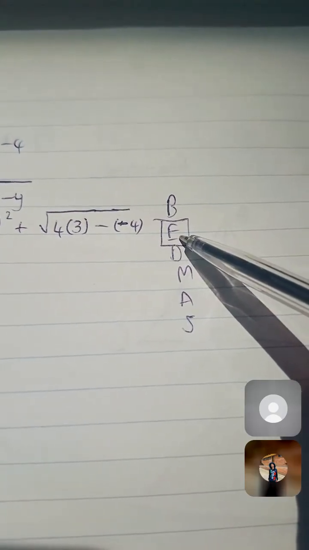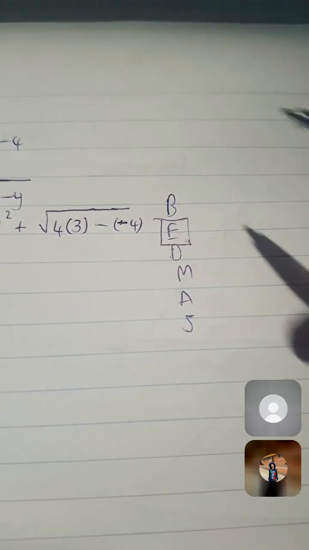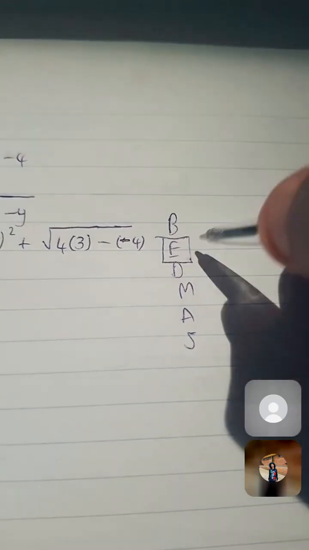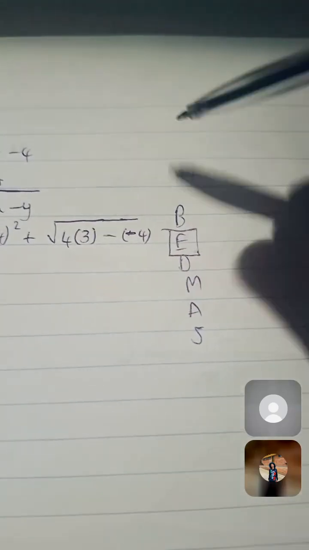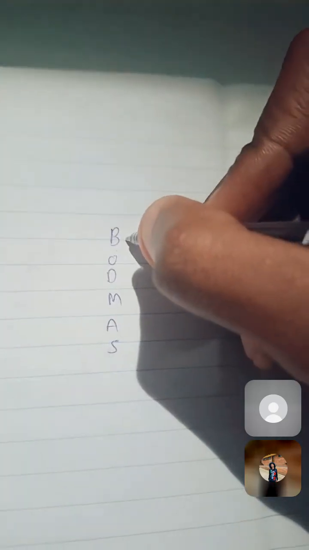Let me ask you, you said board mass, right? So I want you to tell me, what do the individual letters stand for? B, what does B stand for? Brackets. Okay, my B also stands for bracket.